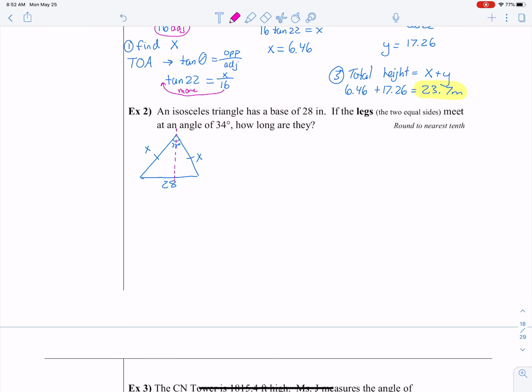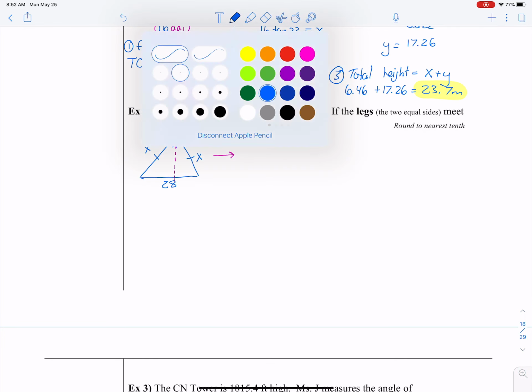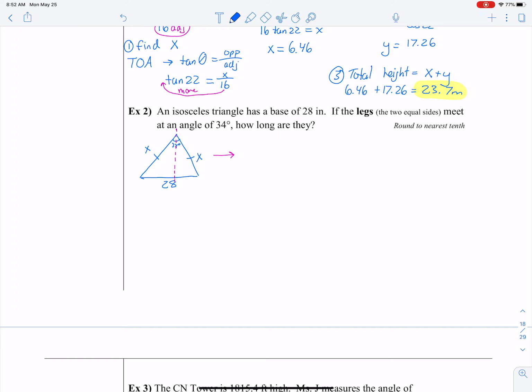So this is the triangle that we're actually going to solve. We have the dotted side, then this, like this. Okay, so we know that's 90.